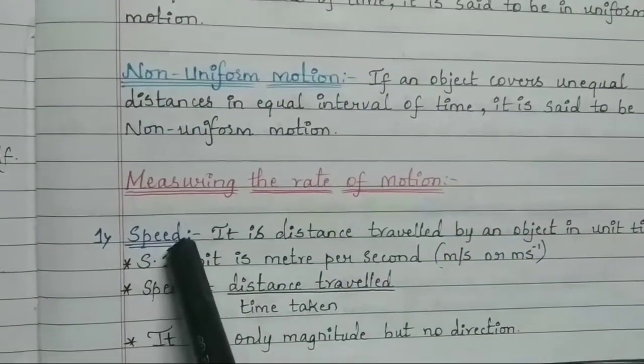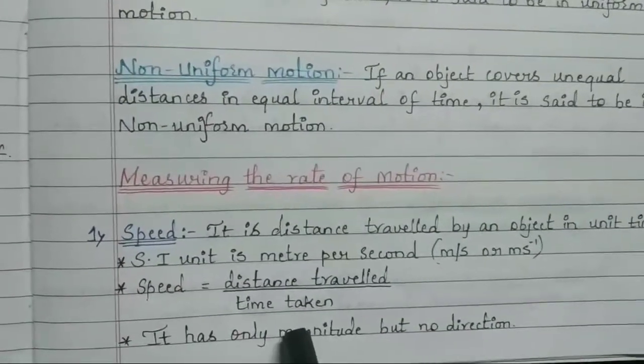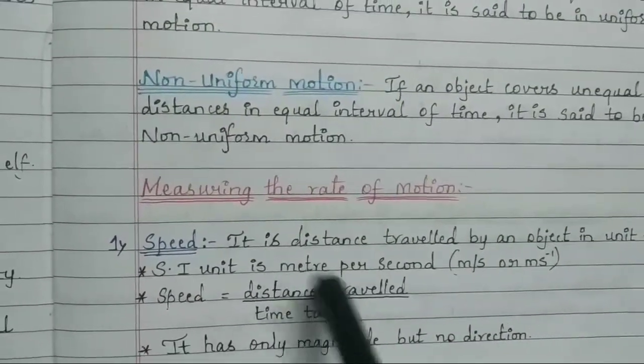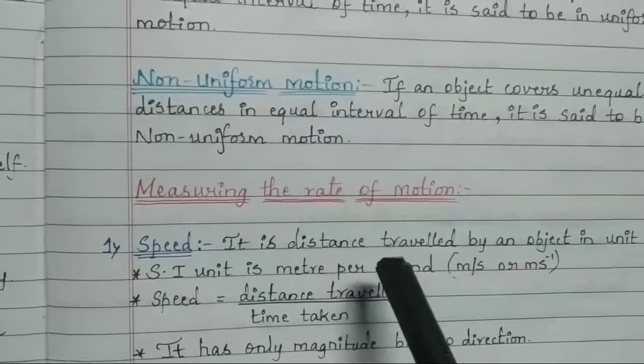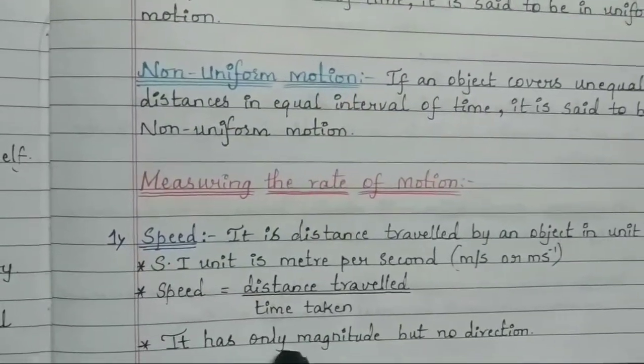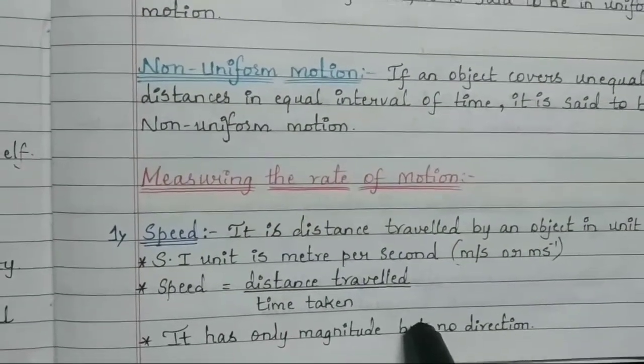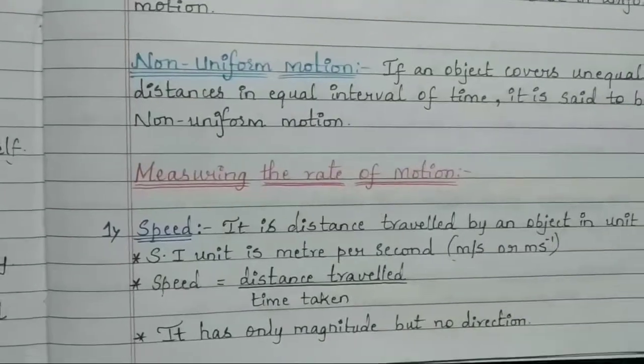Speed cannot show any direction, but it shows a specific value, like 85 kilometers or 120 kilometers. It shows the kilometers with a value, but it does not specify any direction. This is all about speed.